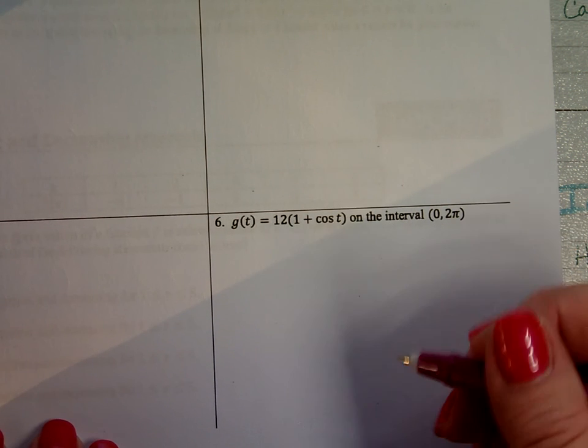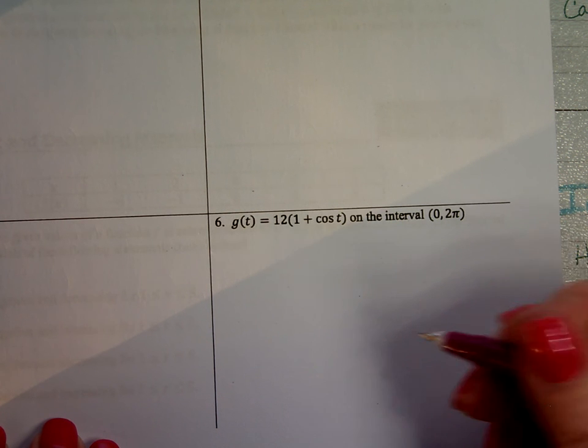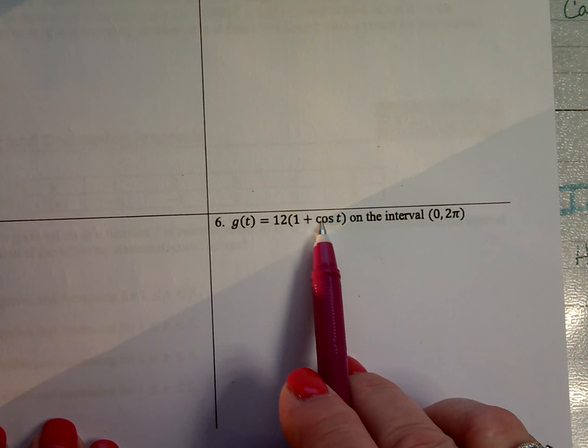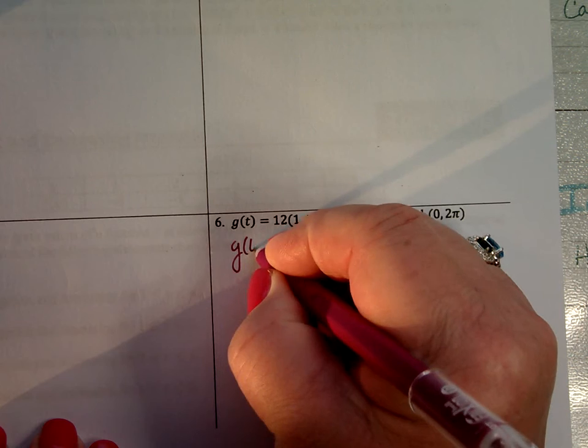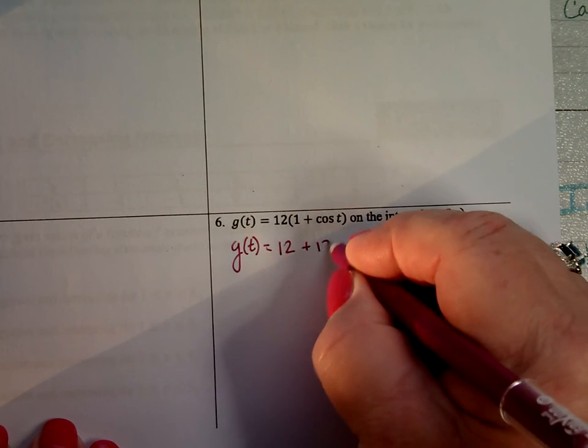All right, so if I look at this, I want to take the derivative. I have to take the first derivative in order to figure any of this out. Increasing, decreasing, again, comes from first derivatives. So if I look at this a little differently, g of t is 12, I'm going to distribute it, plus 12 cosine of t.